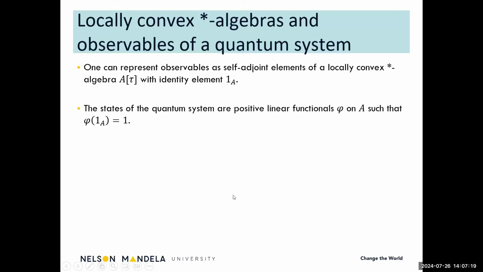The states of the quantum system are the positive linear functionals which map the identity element of the algebra to the scalar 1.